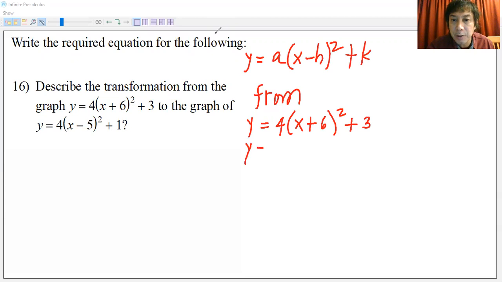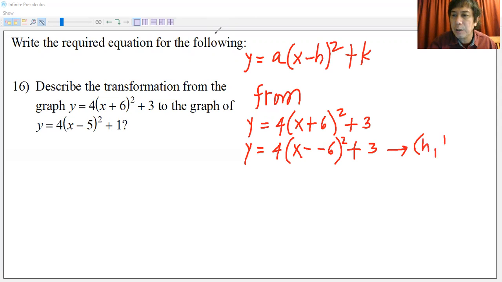So this is y is equal to 4 times x minus negative 6 squared plus 3. That means the vertex h, k is actually negative 6, 3.